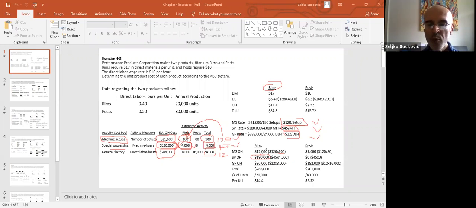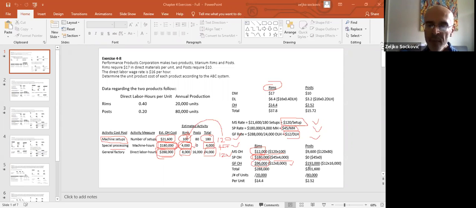So they will get 100% of the cost, but they will not get 21,000 here. They will just get a portion, right, of these setups. And then for labor or general factory, we will say $12 times 8,000 direct labor hours. So rims will get 96,000 out of these 288.